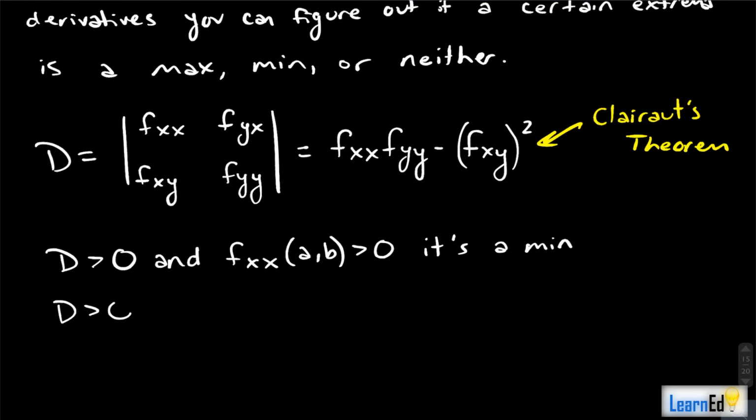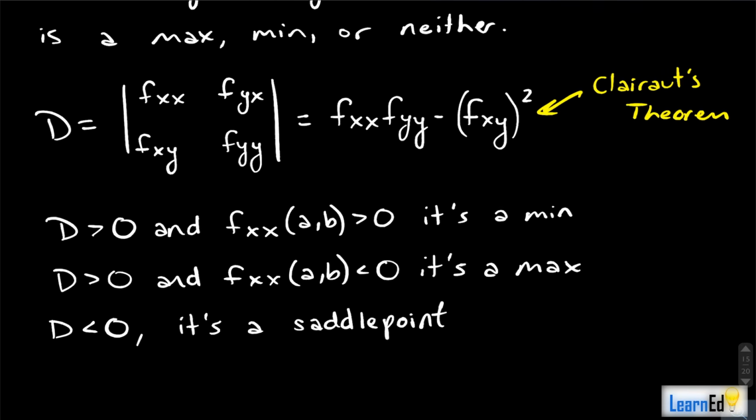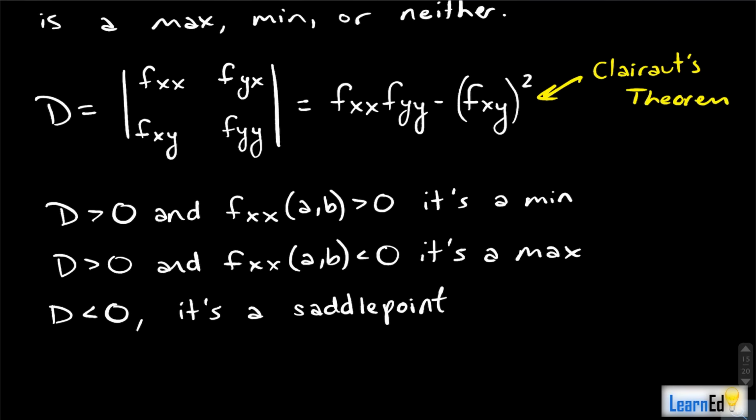If D is greater than 0 and fxx is less than 0, it's a max. And if D is less than 0, it's a saddle point. So those are the conditions we have to meet, and you probably already have these in your notes, but I just want to go over that again because this is very important.